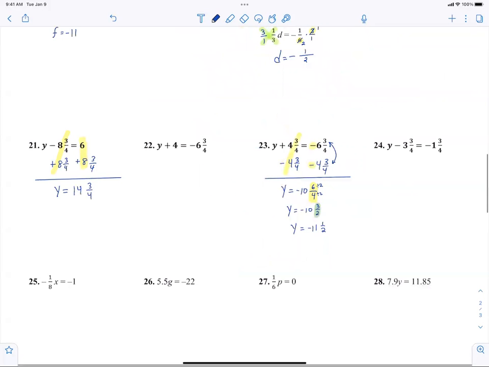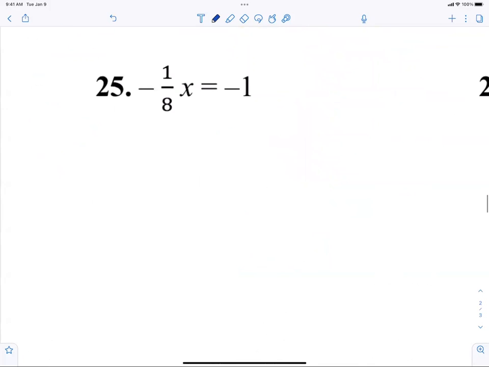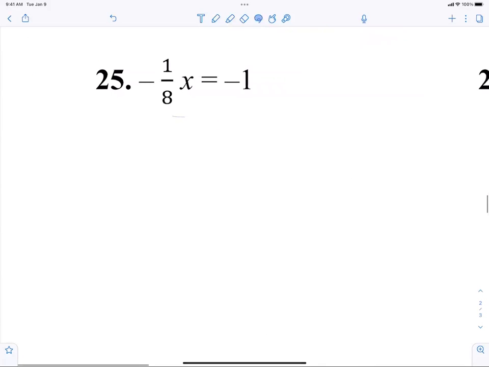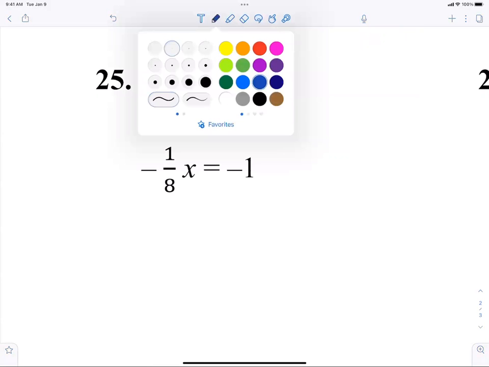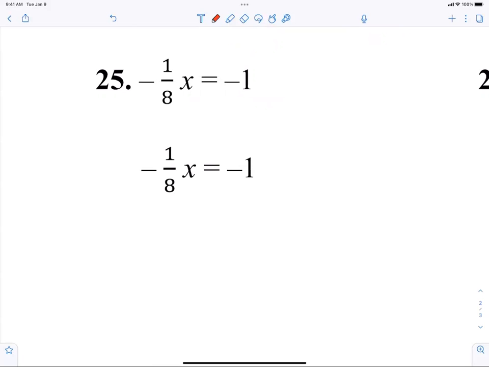All right, here we go. 25. Again, everybody should be looking at this saying it's multiplication with the fraction. So what am I doing? Well, you actually can divide, but I prefer you say what? Reciprocal. All right, what's the reciprocal of -1/8? -8. Right, -8/1.